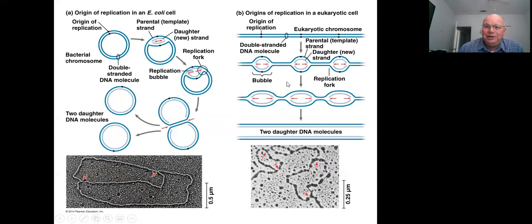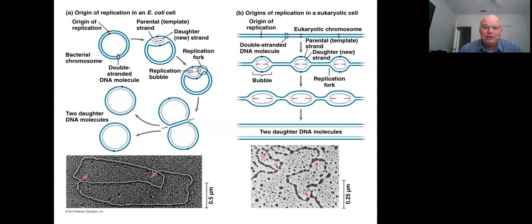In eukaryotic DNA, which is laid out in linear DNA molecules, the chromosomes, there are multiple origins of replication scattered down the length of the chromosomes. Some of the smaller chromosomes might have half a dozen or more origins of replication.